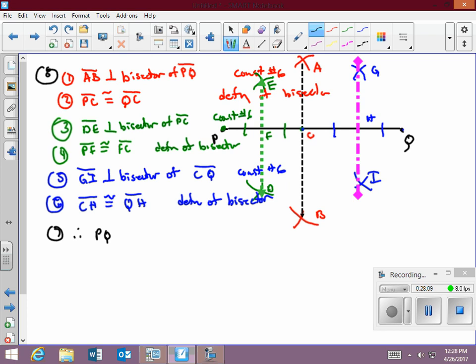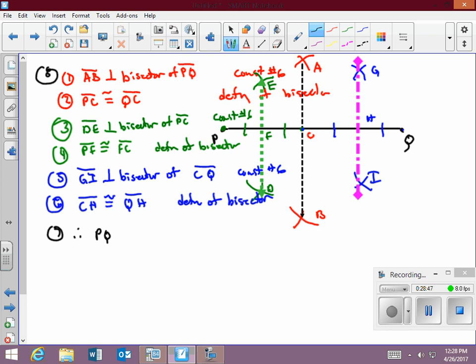The only thing that bothers me a little bit at this point is showing that the two divided parts PF and FC, which are congruent to each other, are actually equal to CH and HQ. There is no definitive statement to say that, other than you could say in general, being a construction problem, by observation, this occurs.